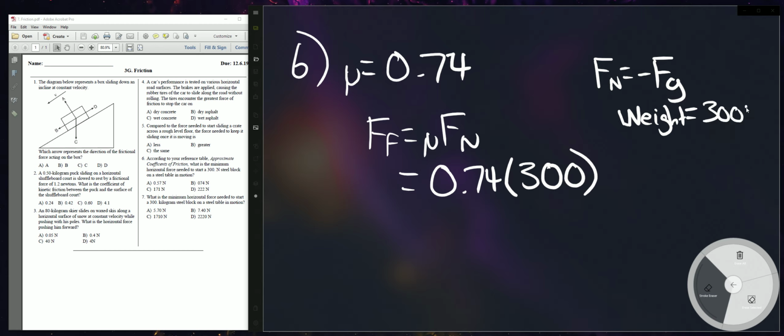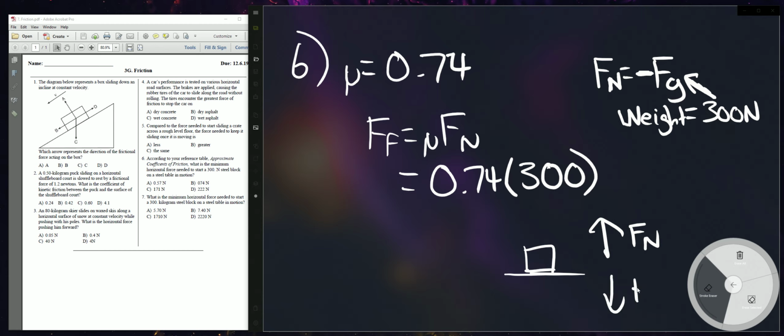The negative sign is most likely ignored because they excluded the direction. Just know that if the box is sitting there, your normal force is going to be positive, and down is negative. The question just omitted that.